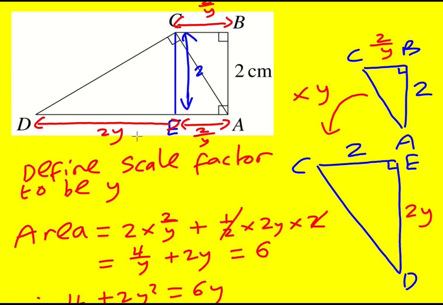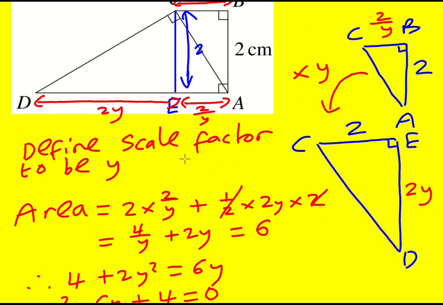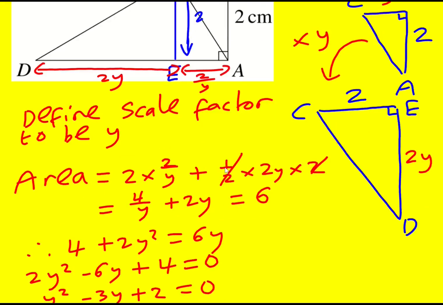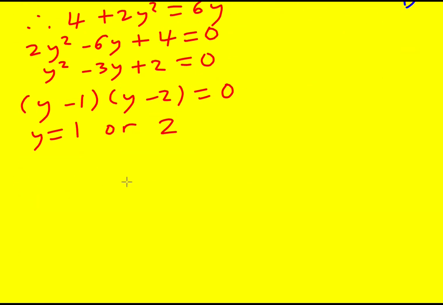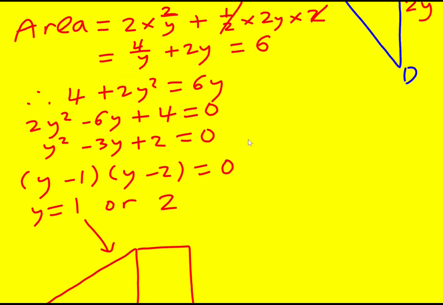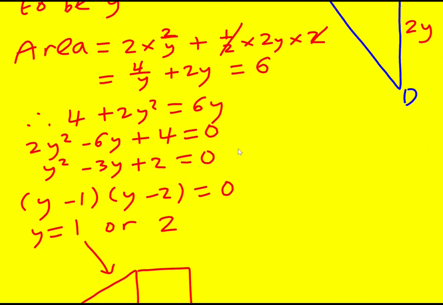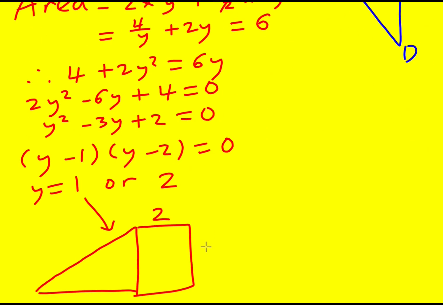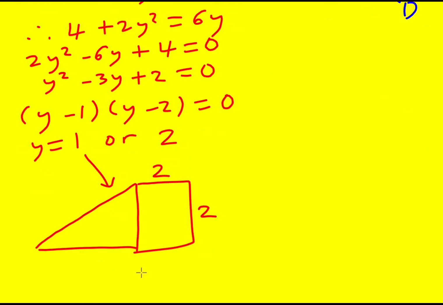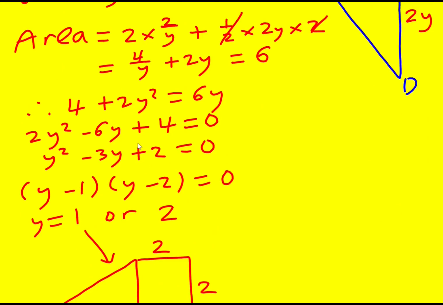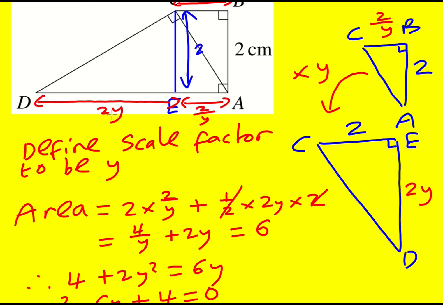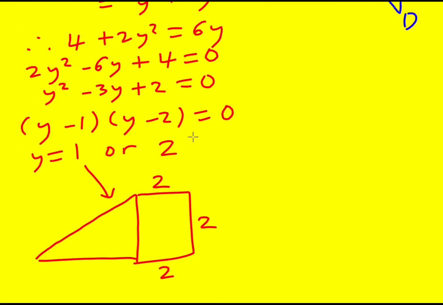Now I could have, to be fair, worked out the perimeter in terms of y. I didn't actually do that. No, I'm not going to. I'm just going to take each case at a time. So let's look at the case when y is equal to 1. Then I get 2 and 2 here, and 2 here, and also 2 here.